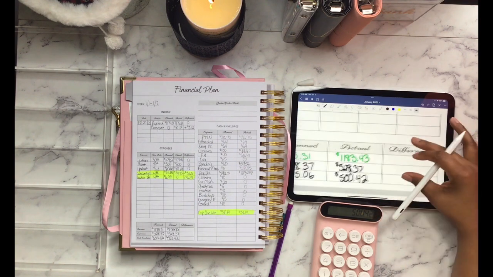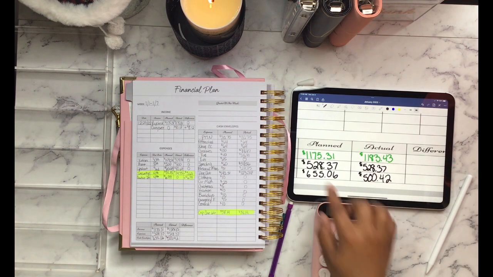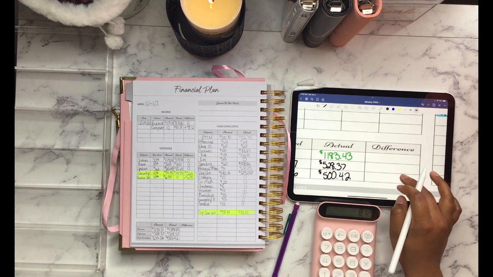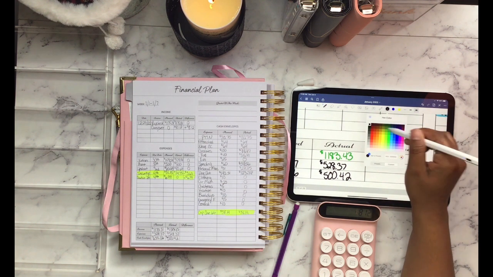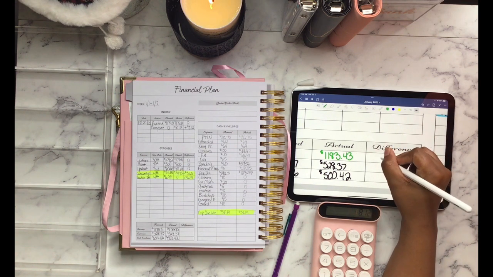Now to calculate my differences. So my planned income was $1175.31, but I actually made $1183.43. So I had an extra $8.12. I like to keep my income in green.